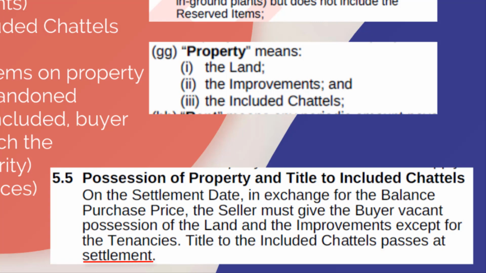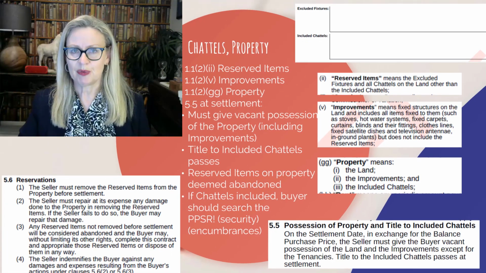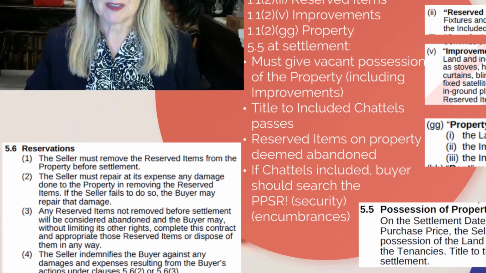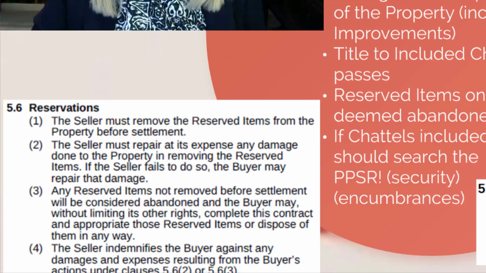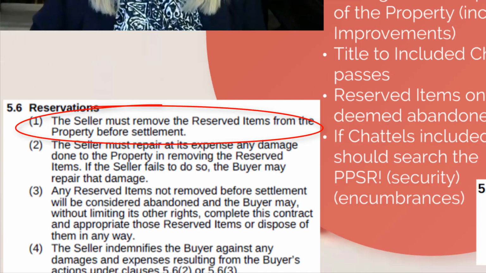What happens if the seller unfortunately leaves their chattels on the premises after settlement? Well, this is a bit of a problem. If you look at 5.6, the seller's got an obligation to remove all of its reserved items, that is the excluded fixtures and everything else, all of the other chattels on the land other than the specifically included chattels, before settlement.